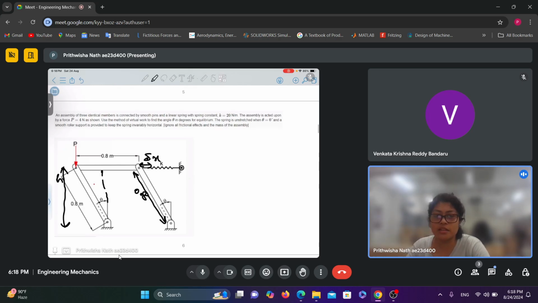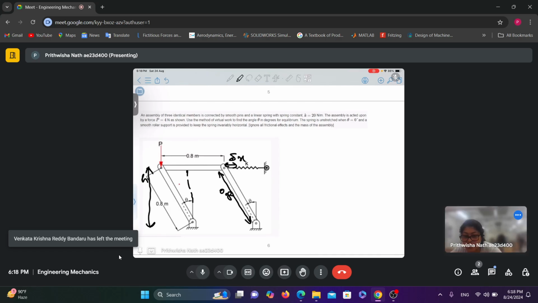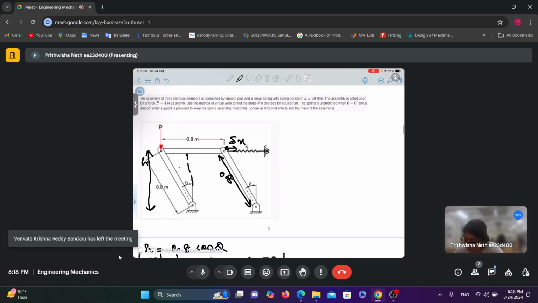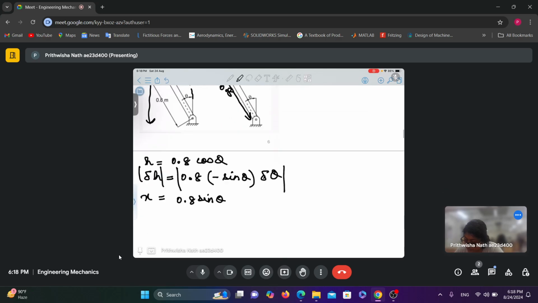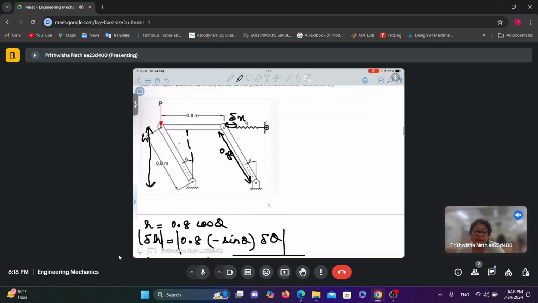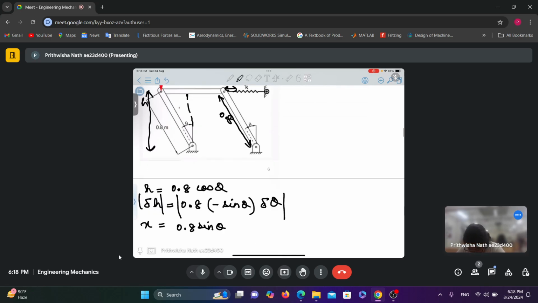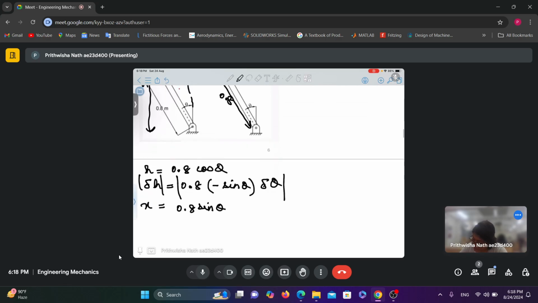So we are discussing this problem. You can look at this figure. So we need to find delta x. Now I'll differentiate this. Delta x would be 0.8 cos theta delta theta.